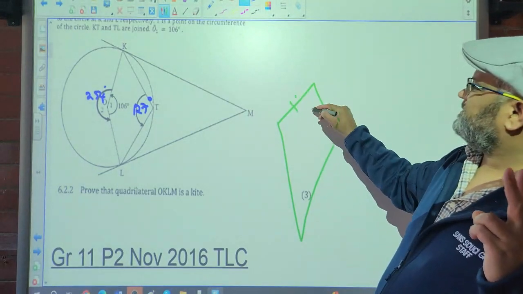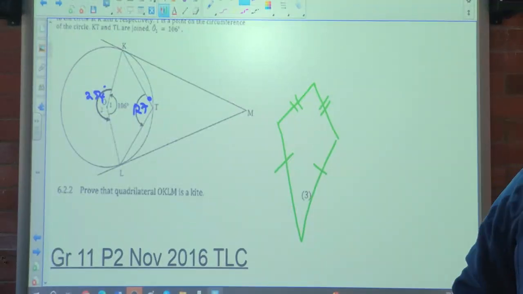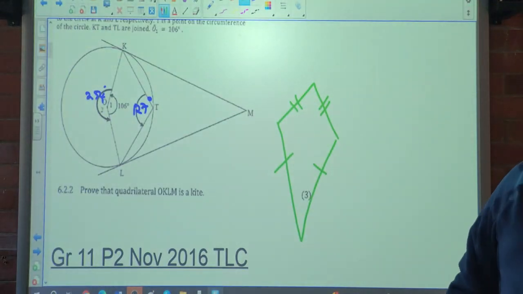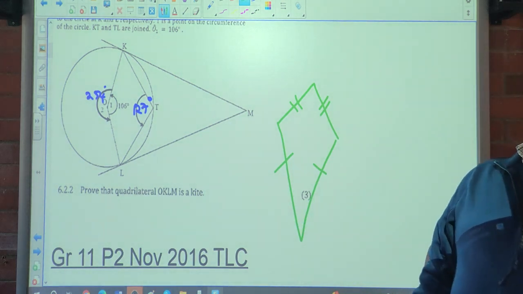Two pairs of adjacent sides equal. Is that evident in any other figure other than the square? But then all sides are equal in the square. But is that evident anywhere else? No. So that would have sufficed for us to prove this is a kite. The least it would be is a kite.